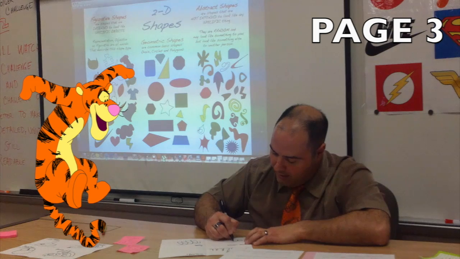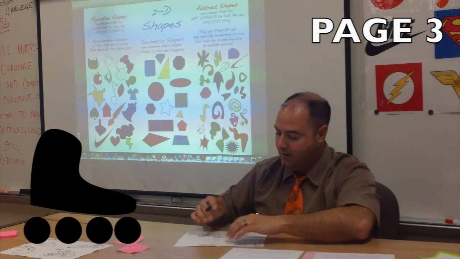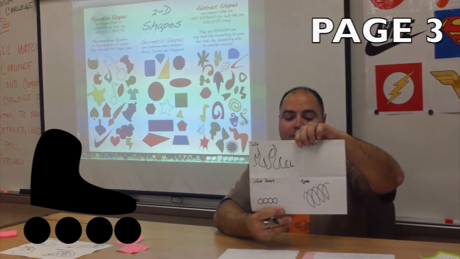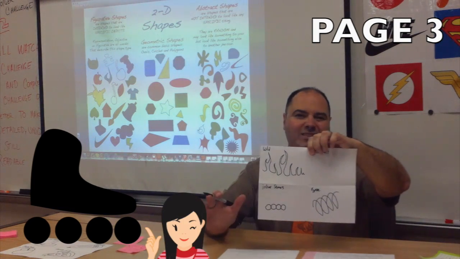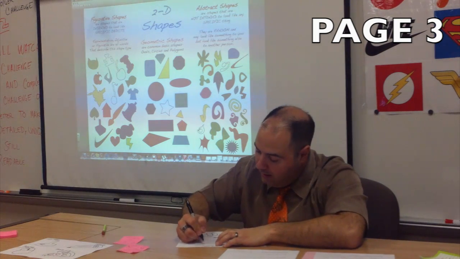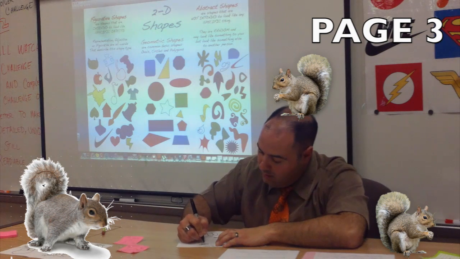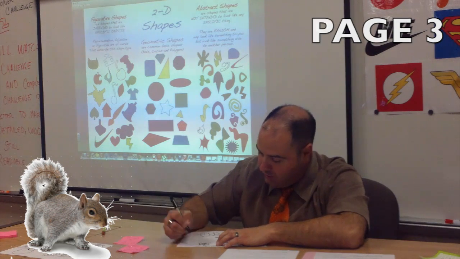And for skating, I might draw shapes that look like this, so those represent the wheels, but it's a little bit abstracted. And for squirrels, I might draw a quick shape of a squirrel's head, to show that I like those things.